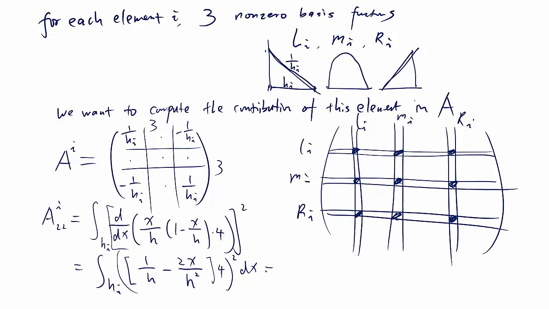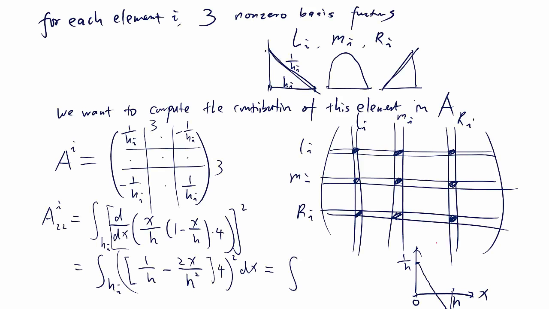So what we have is an integration of a linear function squared. Let's actually plot the linear function. We have x going from 0 to h. The linear function goes from 4 over h all the way to minus 4 over h.